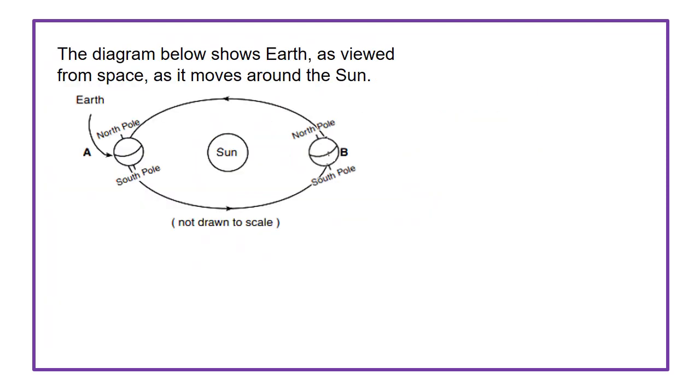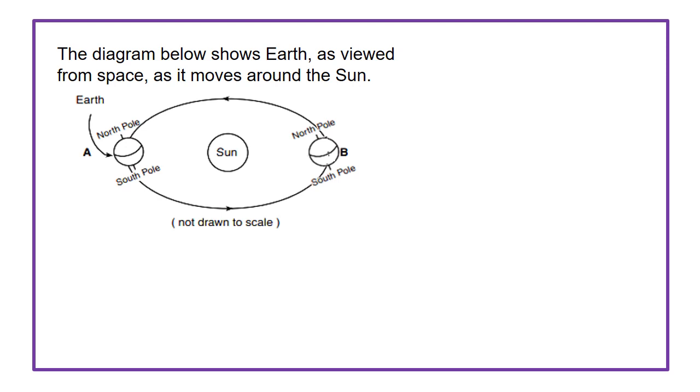Application. The diagram below shows Earth as viewed from space as it moves around the Sun. We have position A and position B. This diagram is not drawn to scale, that means it is not the exact distance between the Sun and the Earth, and even the sizes.